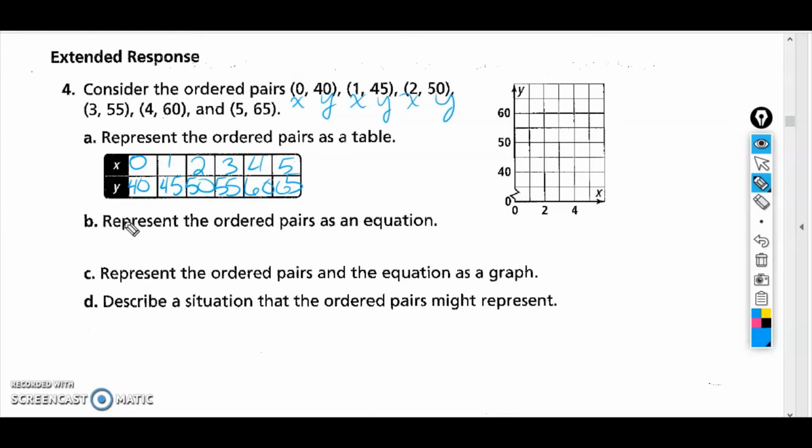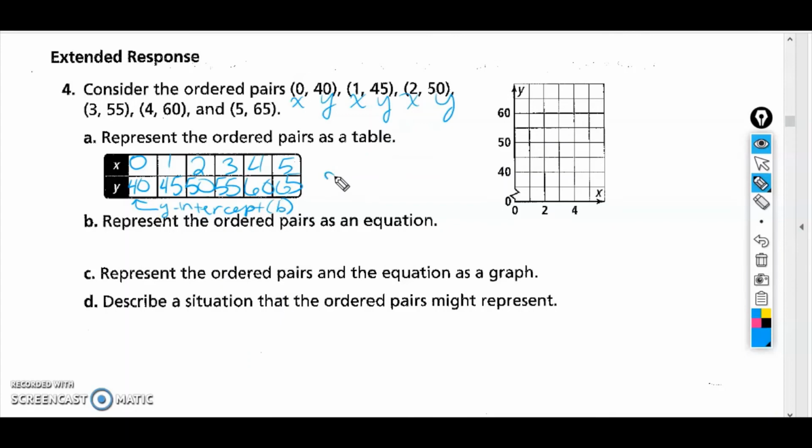So B says represent the ordered pairs as an equation. Well, I know that my y-intercept is when it crosses the y-axis. That means x is 0. So that would be 40. So this is my y-intercept, which is the b value.